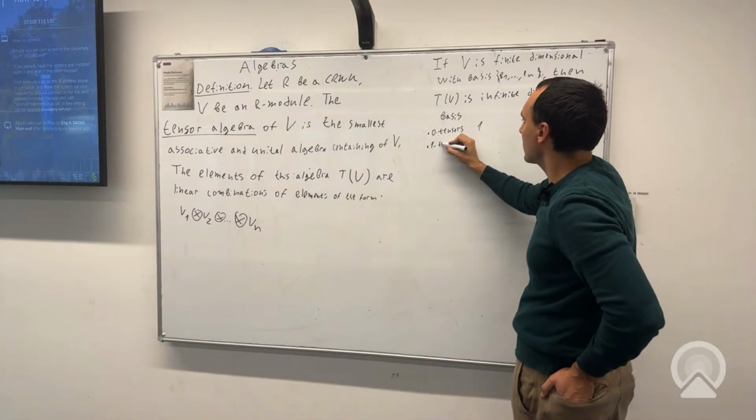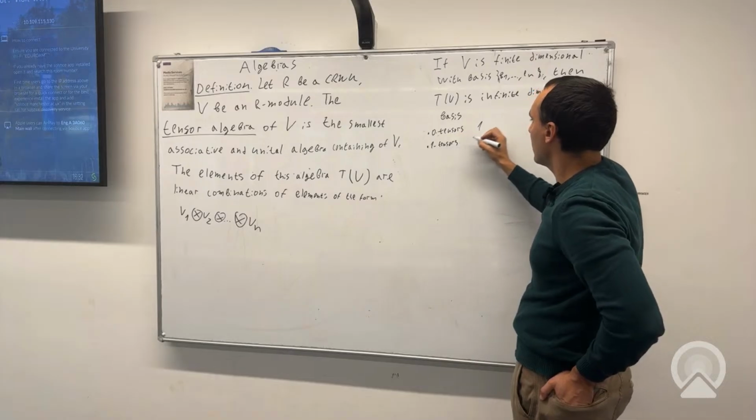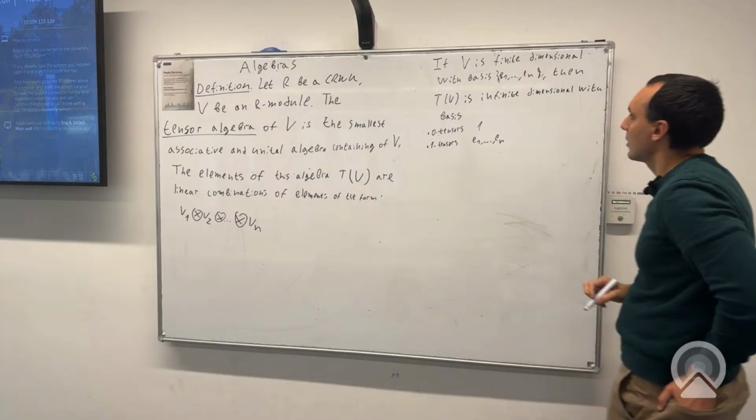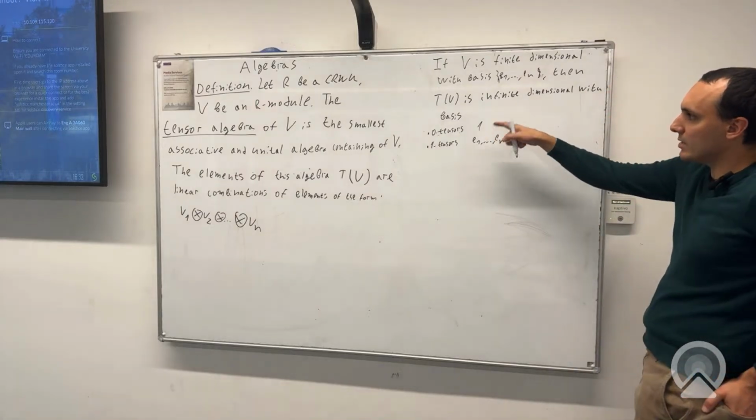One tensors, these are E1, En. These are only the bases, not all the vectors.